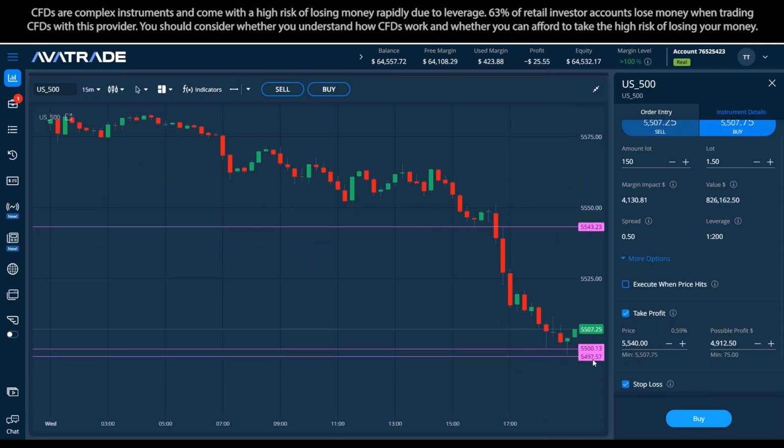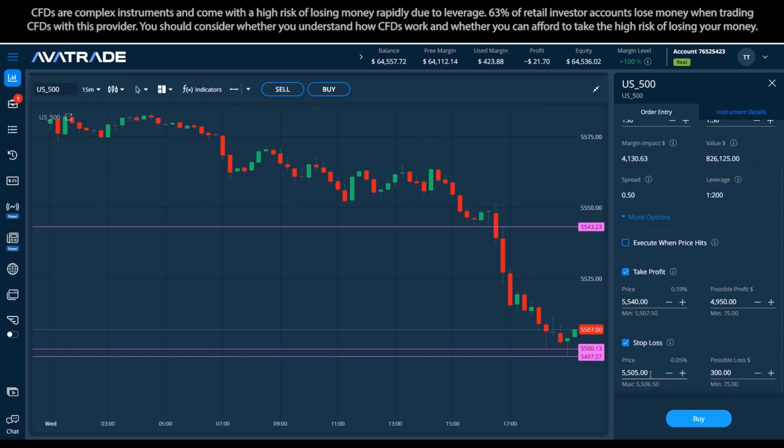Okay, so 54.97 is the bottom of that wick. So I'm going to go 54.95. Just below that support level and the lowest wick of the day today, the lowest price that it hit here. So my stop loss then is right down here.